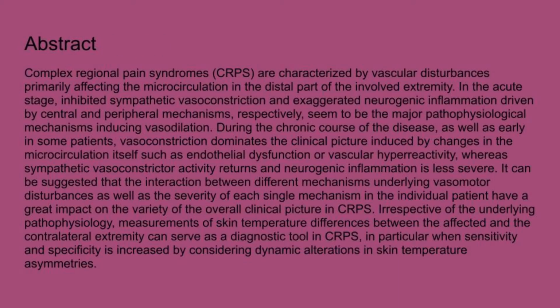Let's read from the abstract. Complex regional pain syndromes are characterized by vascular disturbances primarily affecting the microcirculation in the distal part of the involved extremity. In the acute stage, inhibited sympathetic vasoconstriction and exaggerated neurogenic inflammation, driven by central and peripheral mechanisms, respectively, seem to be the major pathophysiological mechanisms inducing vasodilation.